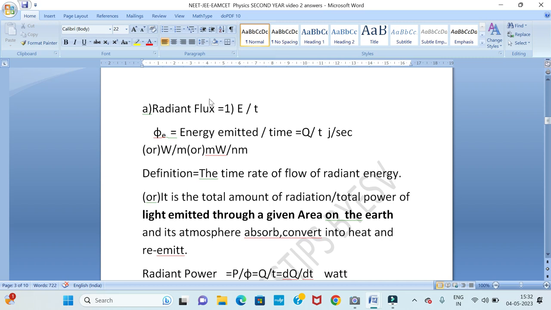The symbol of radiant flux is φ, φE. φE is equal to energy emitted by time. Energy emitted means Q by time, so joule per second. Work or energy, what is the formula? It's joule.